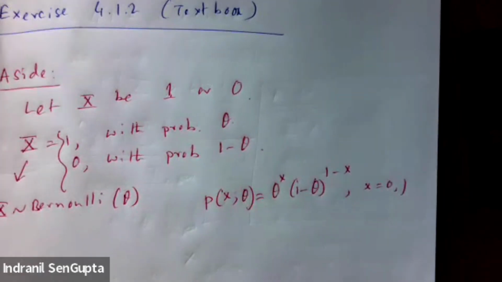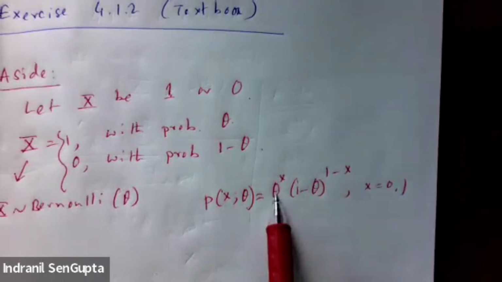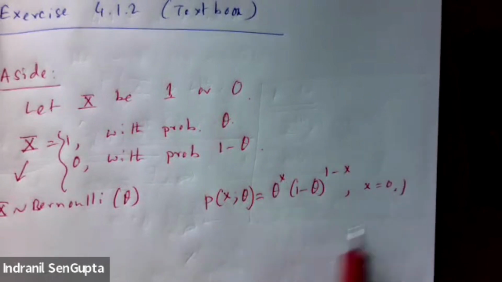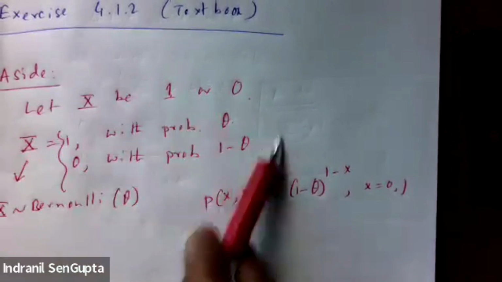This is another way of writing the probability mass function. See, what happens is if I choose x equals 1, then it's basically theta, right? This term drops. And if x equals 0, it's basically 1 minus theta. So it agrees completely with this.